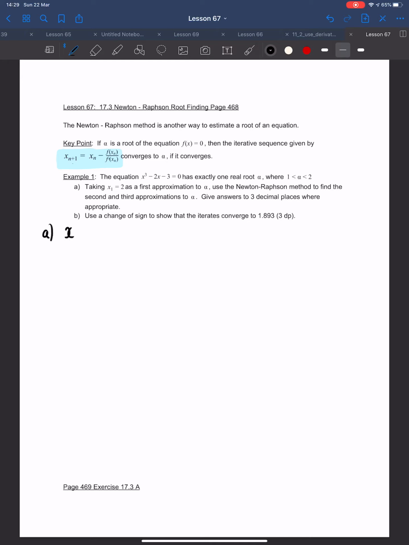Okay, so for part A, we've got xn plus 1 equals xn minus f of xn over f dashed of xn. So this is Newton-Raphson. Here f of xn is x cubed minus 2x minus 3, and the derivative of f of x is 3x squared minus 2.